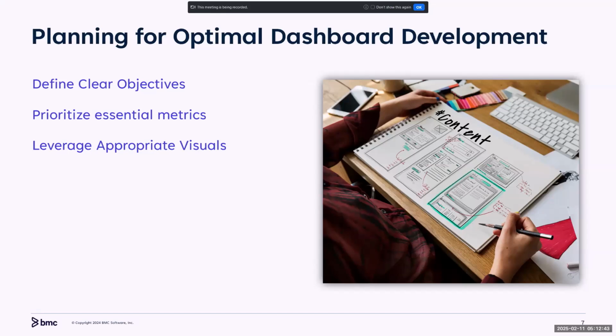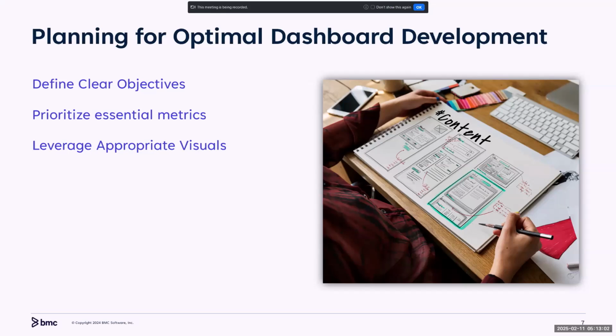And the final approach is leverage the appropriate visuals. So we need to choose the visualizations that best represent the data and focus on simplifying the visual complexity to avoid overloading the dashboard with excessive charts.